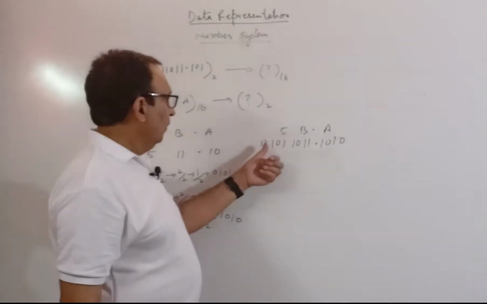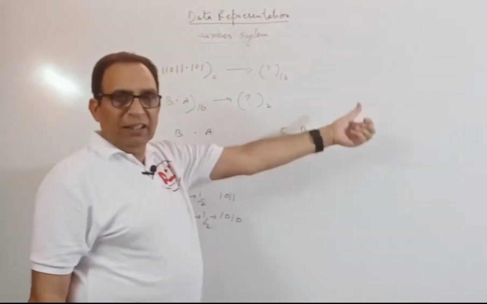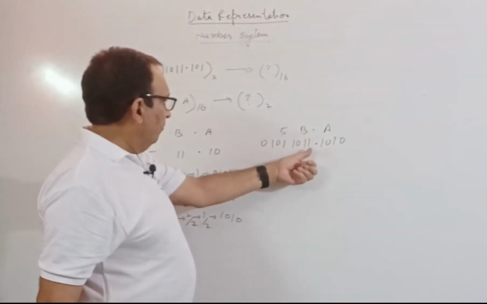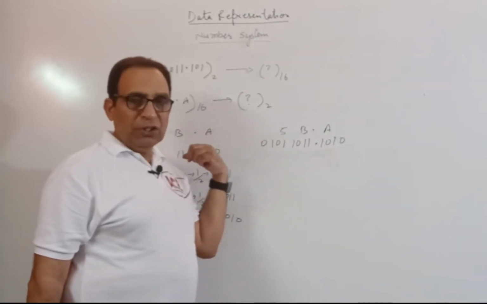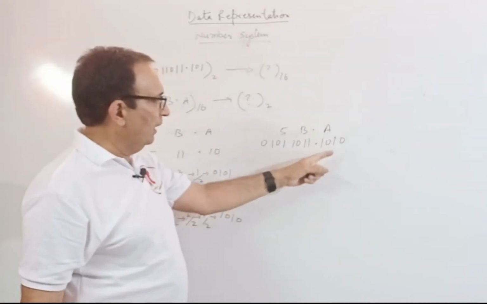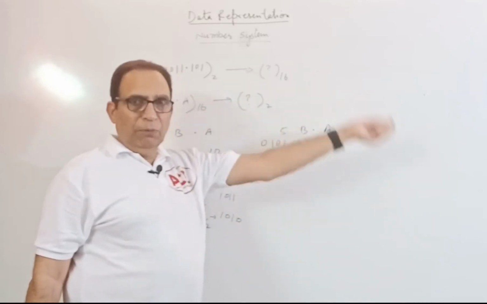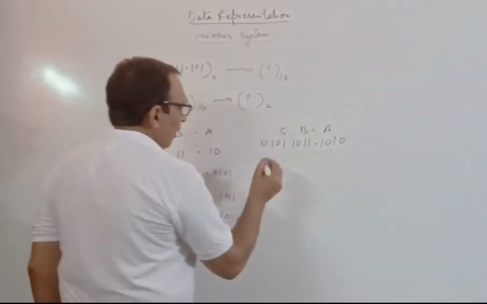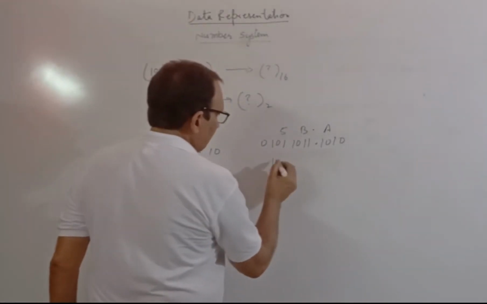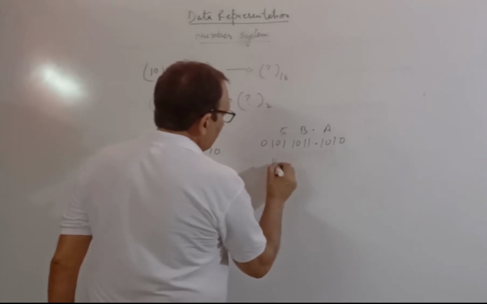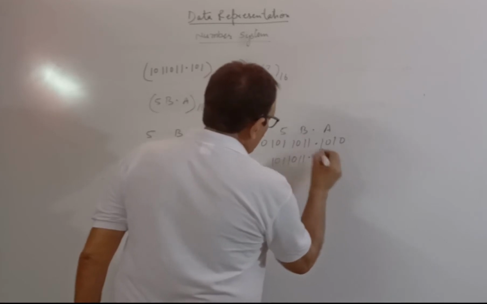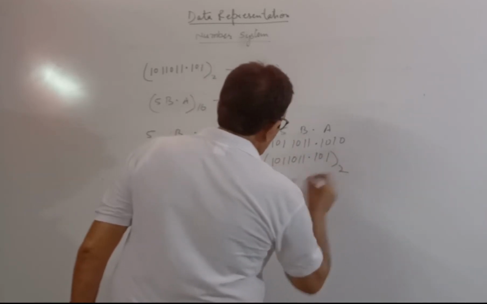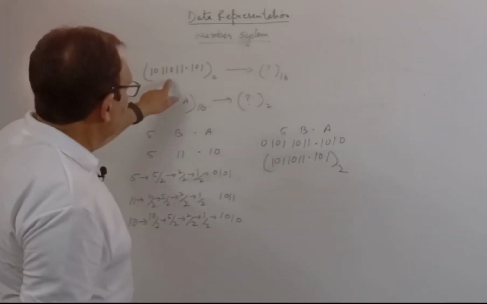Remove the 0 before the number and after the number, because this is the part which is before the decimal point, so 0 towards the leftmost side is meaningless, and the same way after the decimal point, 0 to the rightmost side is meaningless. So I am writing it as 101 1011 point 101. It is this number.